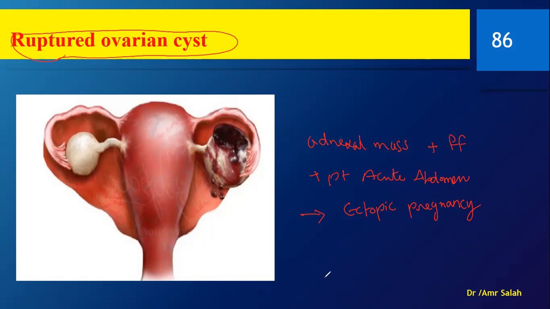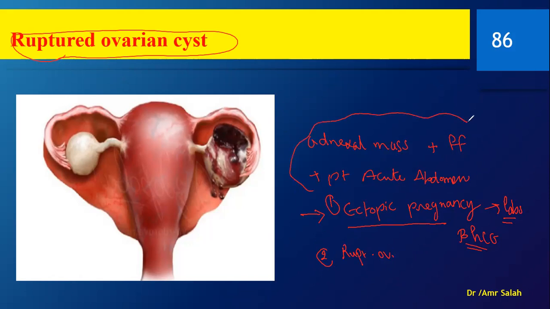Of course, you might send her to have her labs and beta HCG, hormones in her blood, in order to make sure, because this is the number one possibility. But there are other possibilities, and that is the ruptured ovarian cyst or ovarian apoplexy that would produce this same triad.